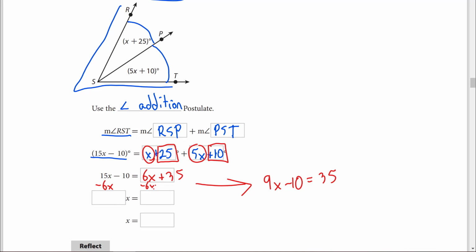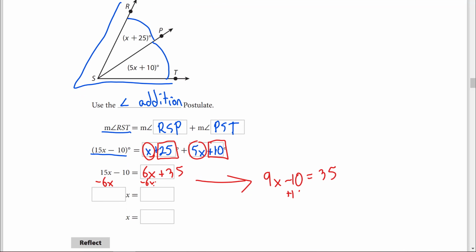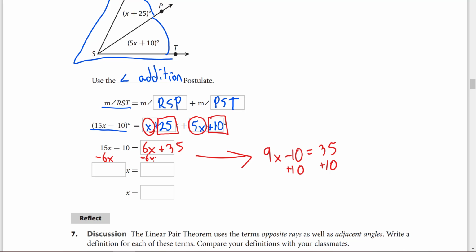Now I need to get 9x by itself, so I'll add the 10. And I get 9x equals 45. Divide by 9. 45 divided by 9 is 5. So I know that x equals 5.